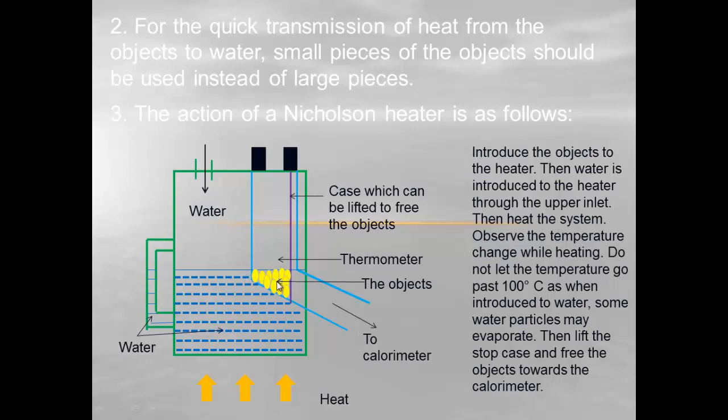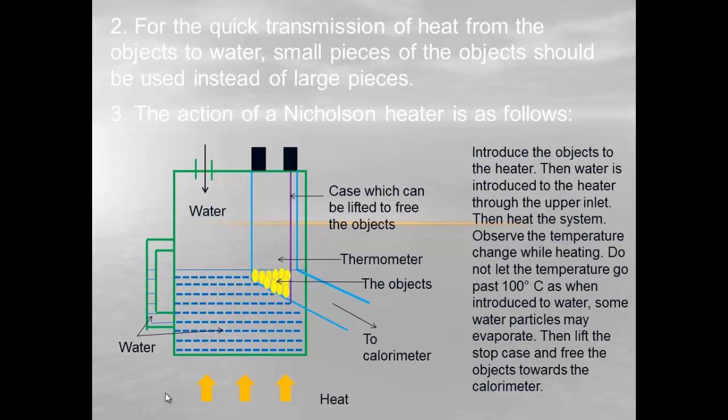As I showed you in one of the previous slides, along this tube it will go to the calorimeter, and it should be in very slow motion. It's better if you can slant this much more, but the Nicholson heater is produced with some inclination, but you can change that. So you can do the practical like that.